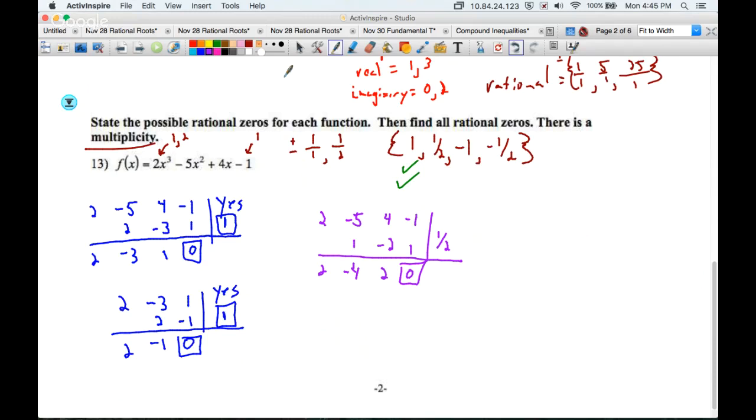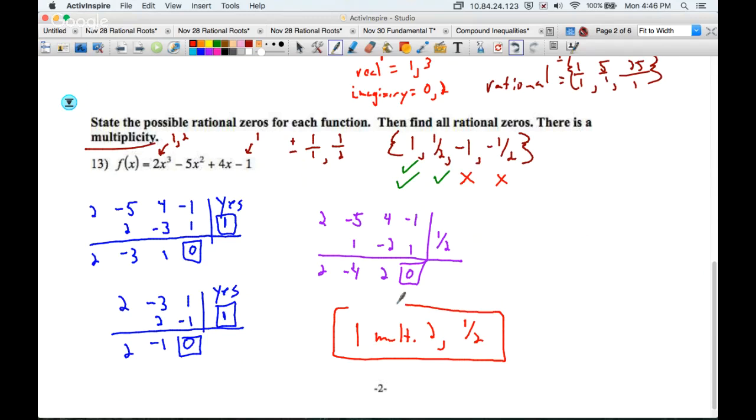That was the remaining root. I seriously just guessed, but I wanted to do the positive numbers first. Let's see if I even got that right. Also, how would we write this? We would say 1 multiplicity 2, comma 1/2. That's our full answer right there.